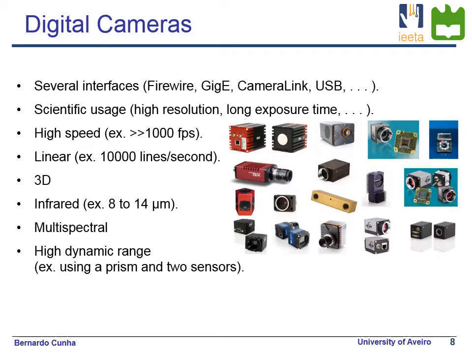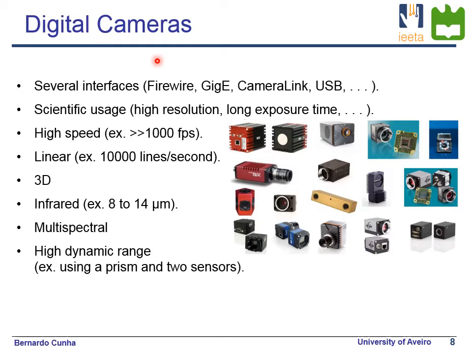Apart from the sensor itself, so either CCD or CMOS, if you look into the world of digital cameras, you'll end up with a huge amount of different solutions depending on several different aspects.